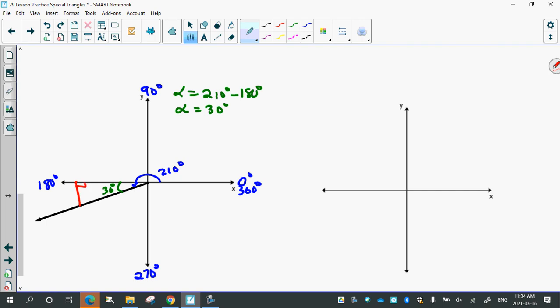And then I want to label the three sides. I know R is 1, according to the 30-degree special triangle and also being in quadrant 3.